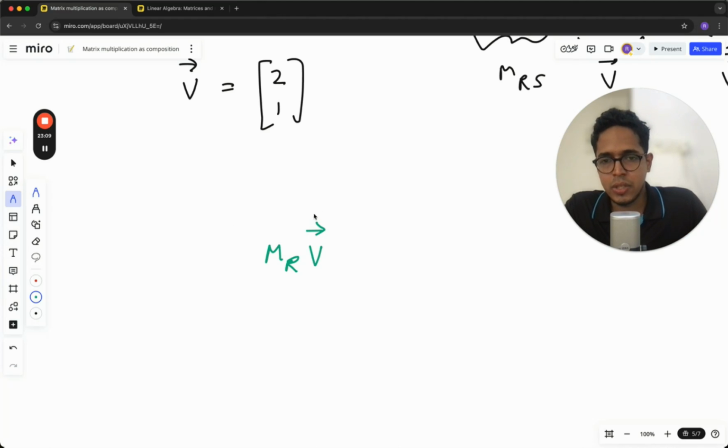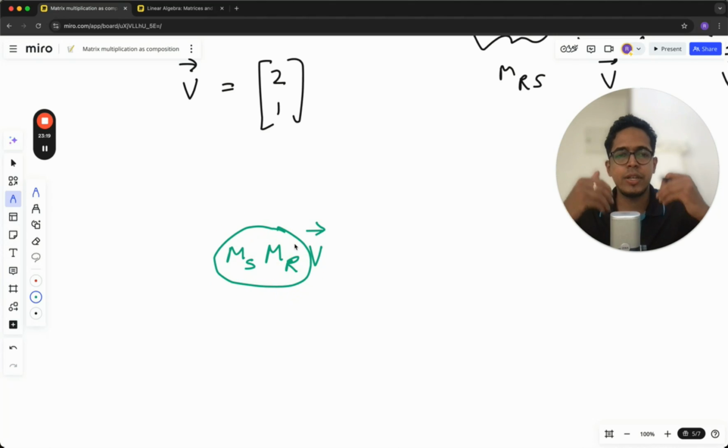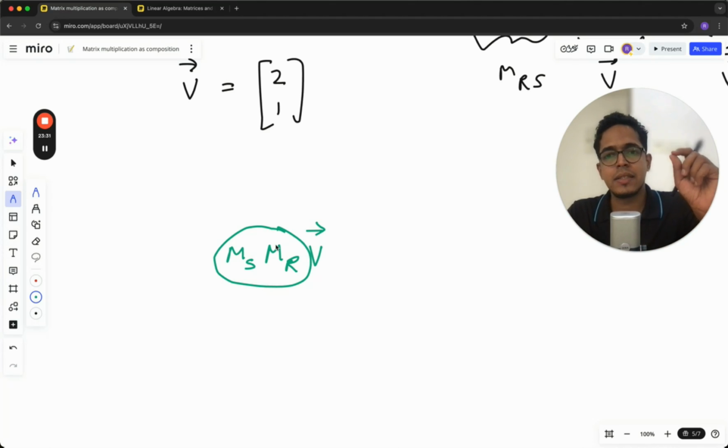But if this whole thing is again multiplied by another matrix, shear, now this combined thing is sequentially applying first rotation and then shear. So the product of these two matrices we can view as a composite linear transformation, and an individual matrix we can view as just a single linear transformation.